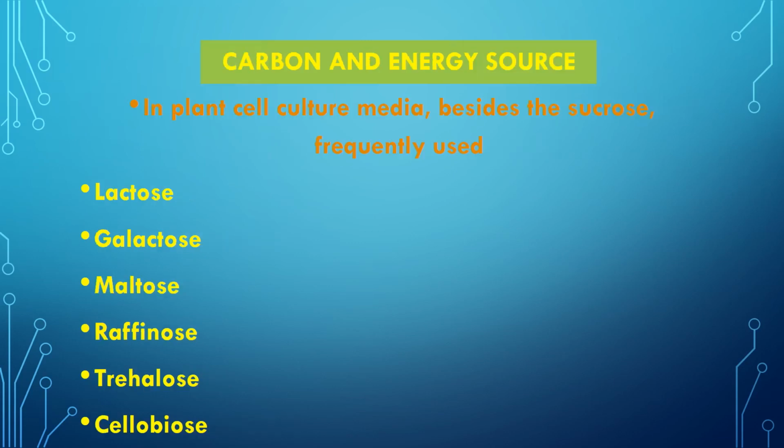Now let's see the carbon and energy source which are essential for the plant cell culture media. Sucrose is the most commonly used carbon source in the plant tissue culture medium, though other sugars like lactose, maltose, galactose, raffinose, trehalose and cellobiose have also been tried.